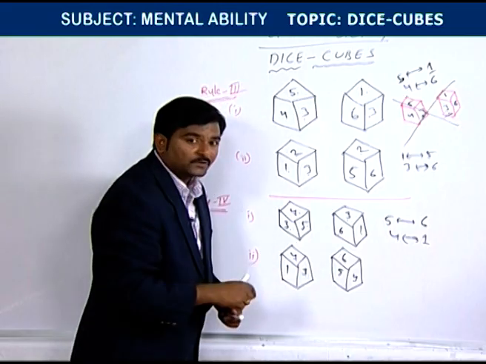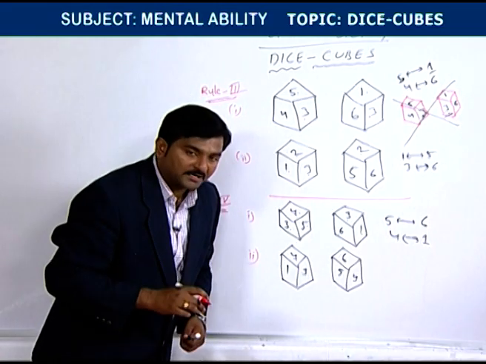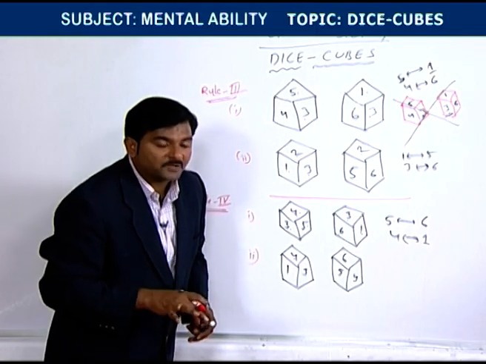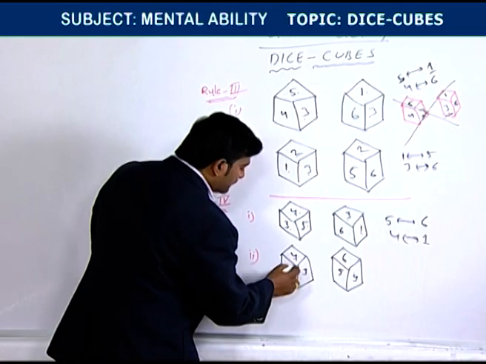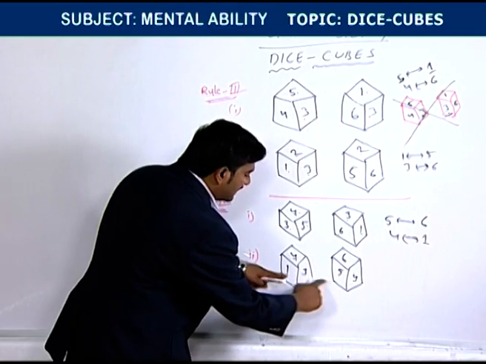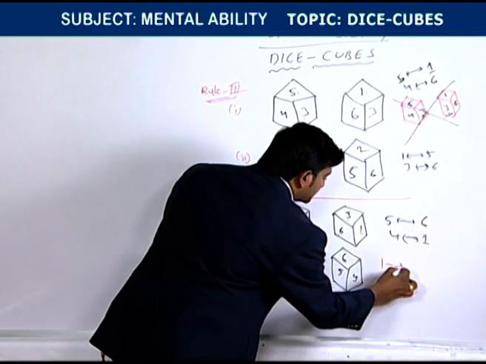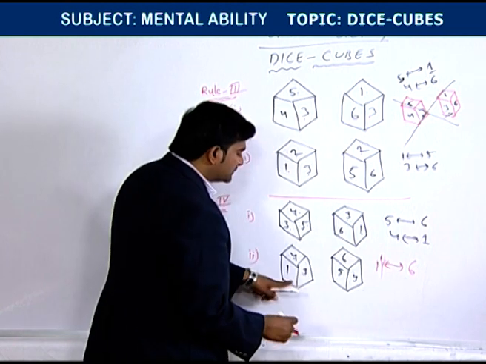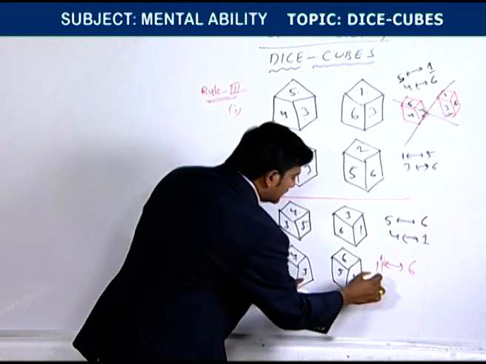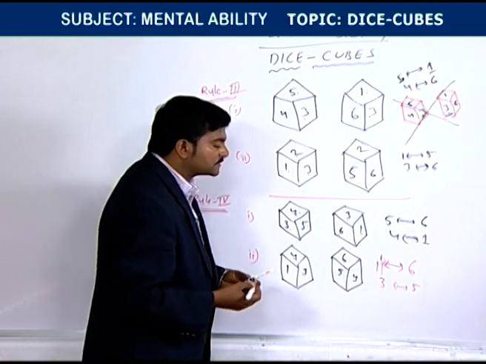But whereas in rule 4, only one number is common, but that common number is not occupying the same position. Okay. So that is why here 4 is there, 4 is there. Now 1 and 5 are corresponding positions, but these two should not be opposite. We can say 1 is opposite to 6, and 3 is opposite to 5, but which number is opposite to 4?